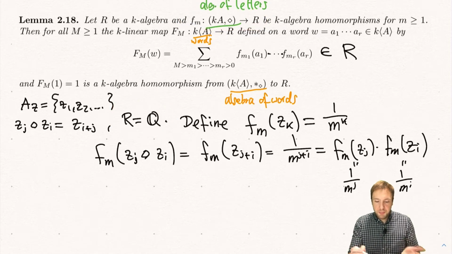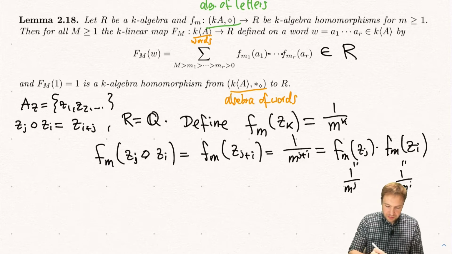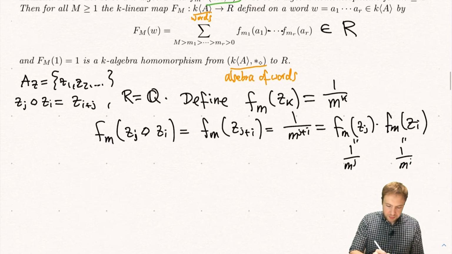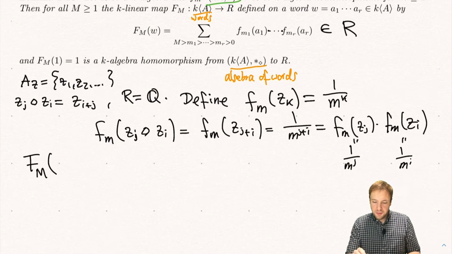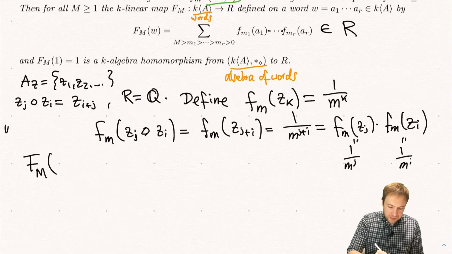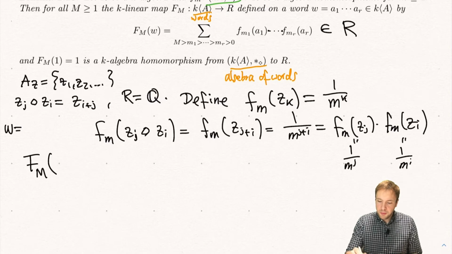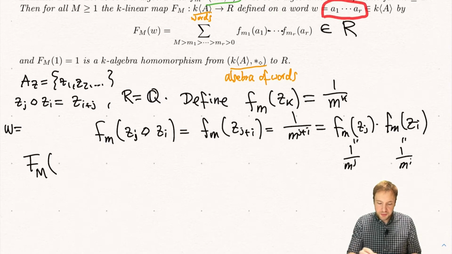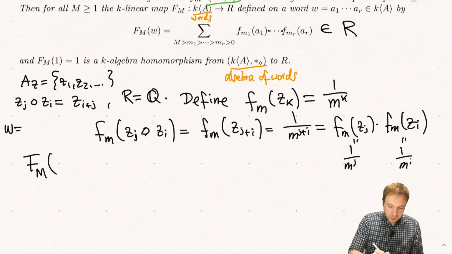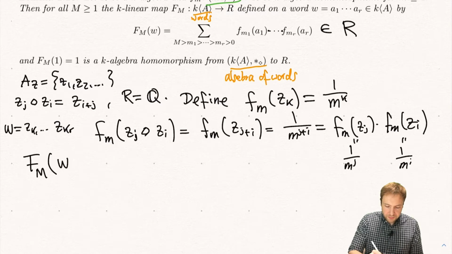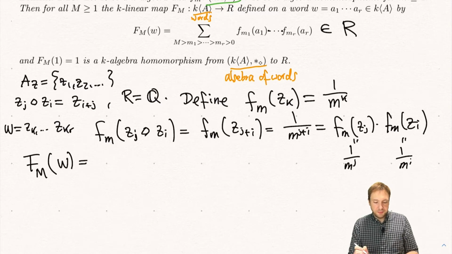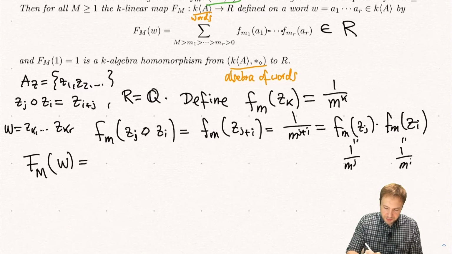And what is the capital F in this example? Well, for a word w, it should be some word in this alphabet, so it will be some z_{k1} up to z_{kr}. And what is F_m(w)?